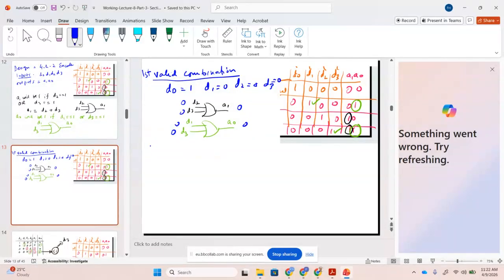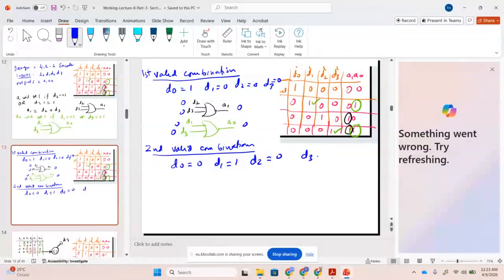Okay, now I'm looking at the second valid combination. D0 is 0, D1 is 1, D2 is 0, and D3 is 0. Now I want to do the same thing. I'm copying and pasting it here, as you will do in your homework.